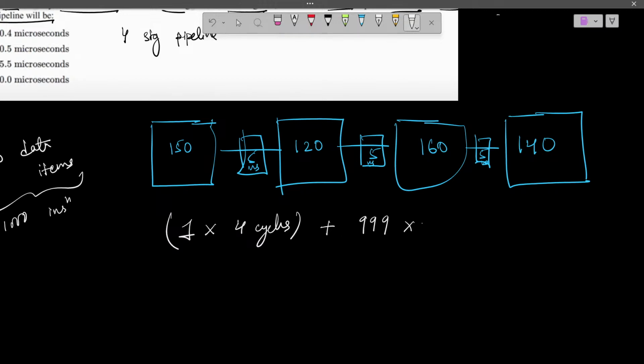How much can you guys guess? Yep, 160 plus 5, because the slowest one will make the difference. So 165.